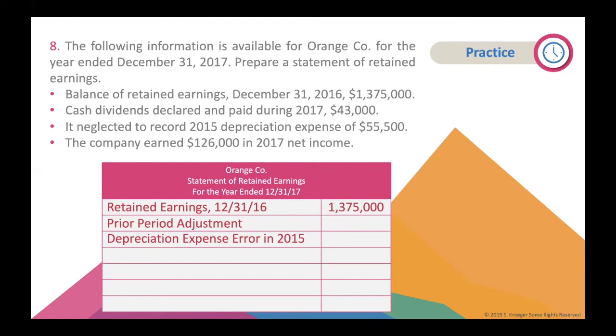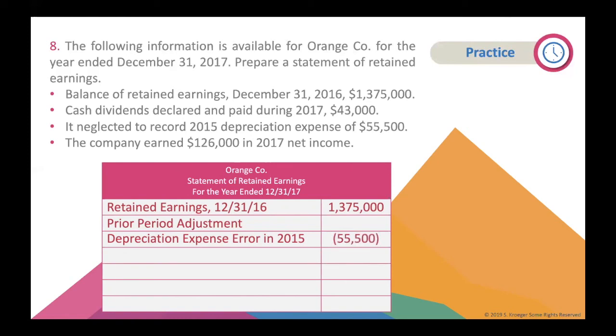How did that affect our income? If you didn't have a monthly expense one month, then your income would be higher, correct? So last year, our net income was higher than it was supposed to be because we forgot to include an expense. If last year's income was greater than it was supposed to be, how do we fix it this year? We would subtract.